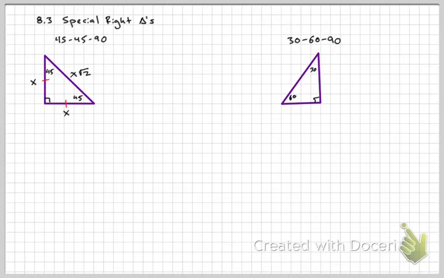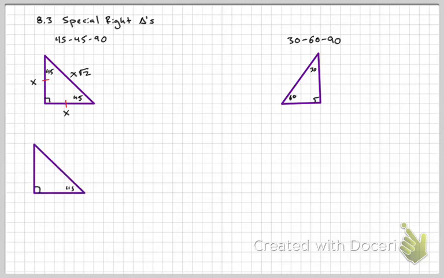Where these become difficult is depending on what length you are given, whether it's this one or this one, and also what the actual length is. If it's a whole number for a leg, it's easy. If it's a decimal or a fraction or a radical, it becomes a little bit more difficult. It's mainly more difficult algebraically, not setup wise, because they're all going to set up the same.